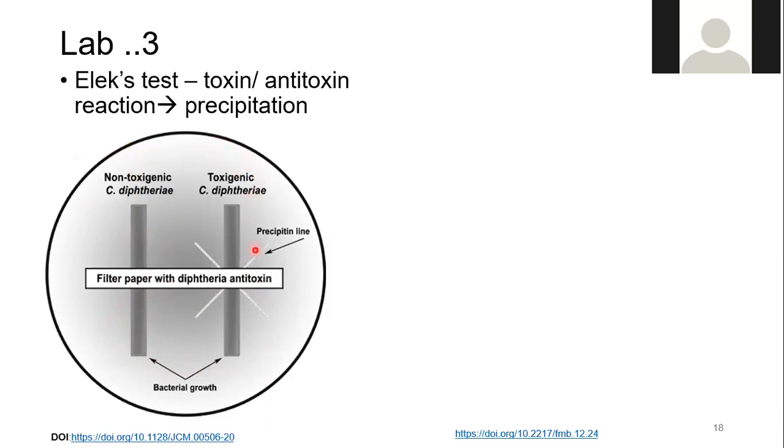Now, what then happens is, as the antitoxin diffuses into the media, and if you have a toxigenic strain, the toxin is also diffusing in the media, where the two meet, you get what is known as a precipitating line.